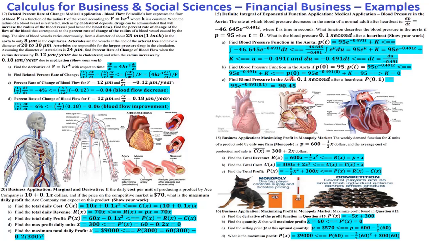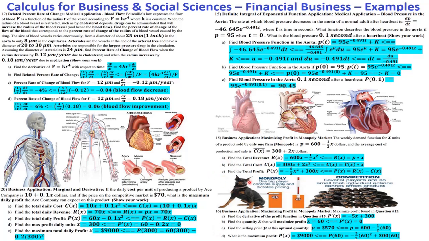You do that substitution, you will get k is 0, then the blood pressure is 95 e to the minus 0.491t. Then at t equals 0.1 second, that is 0.1 second after the heartbeat, the blood pressure is 90.45.